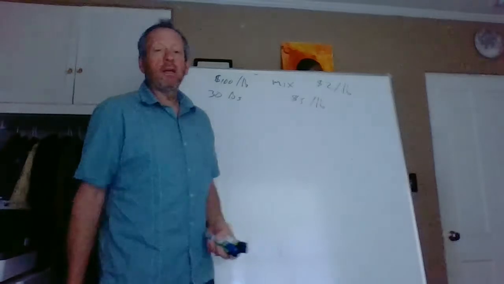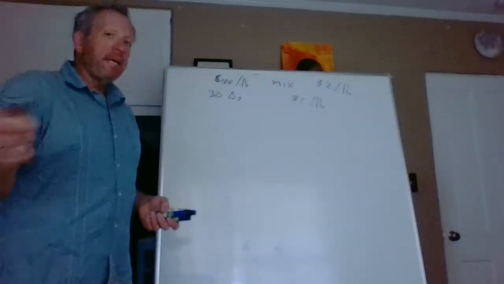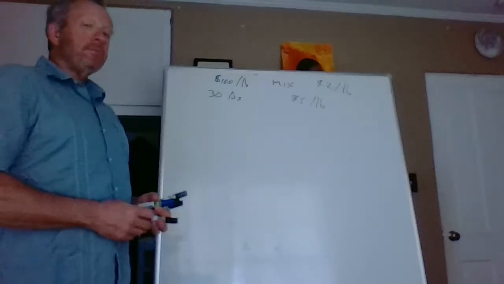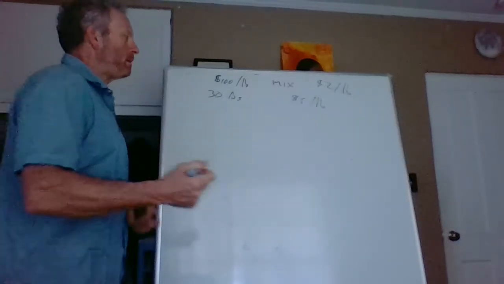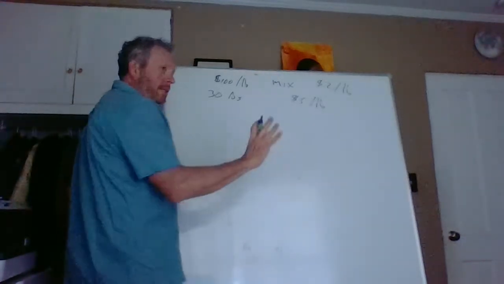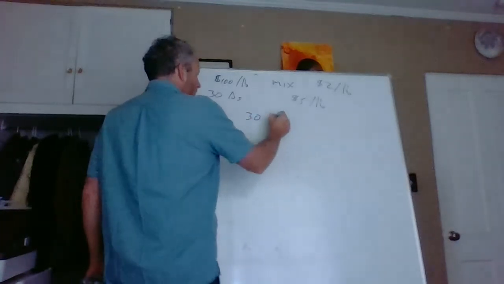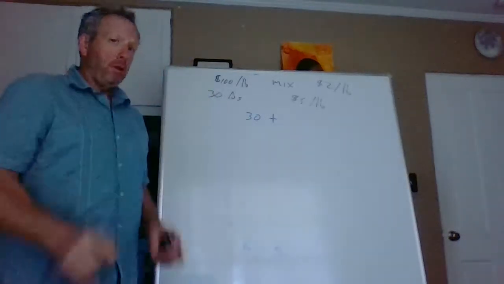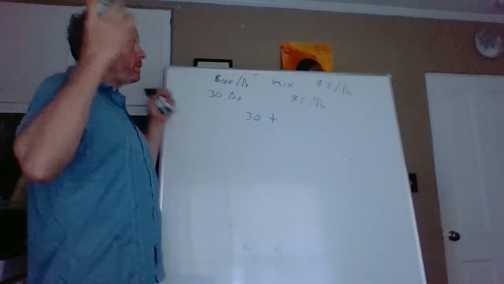Again, it sounds like a really complex problem. Maybe in some way it is, but if we use that template, it becomes almost trivial. And I'll re-clarify what I mean by almost trivial. If you look at that template, which you should have in front of you, what's the amount of the first stuff? 30. What's the amount of the cheap stuff?